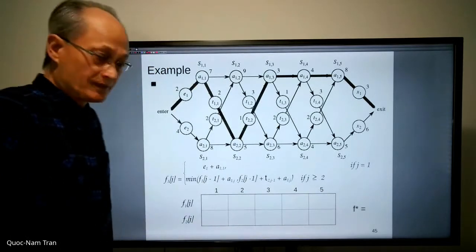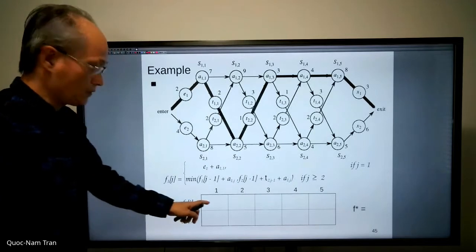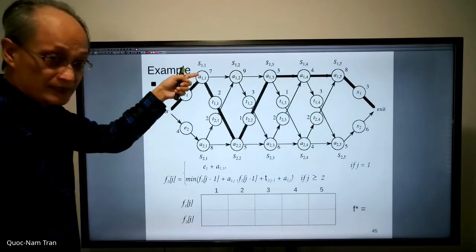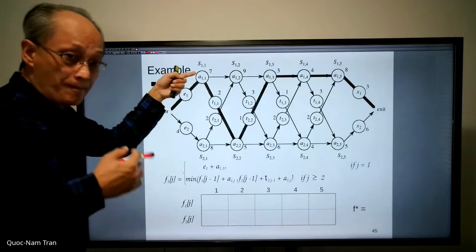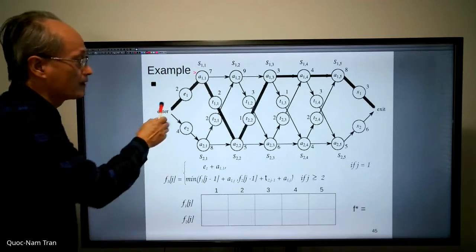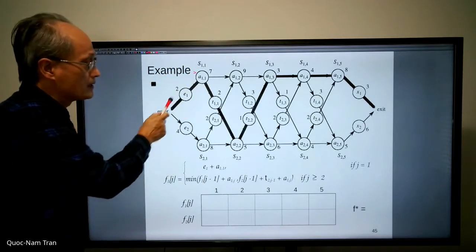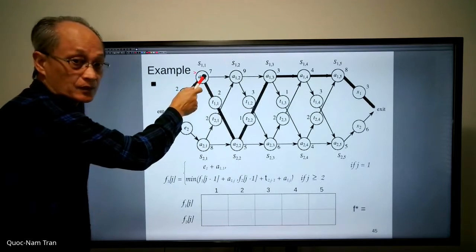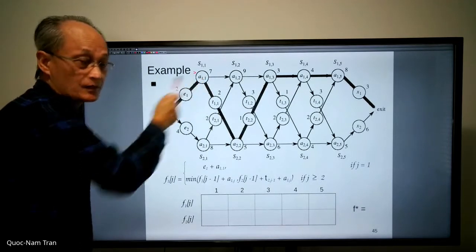So first, f1,1. What is the value? What is the minimum time for going to station 1 and finishing the work there?